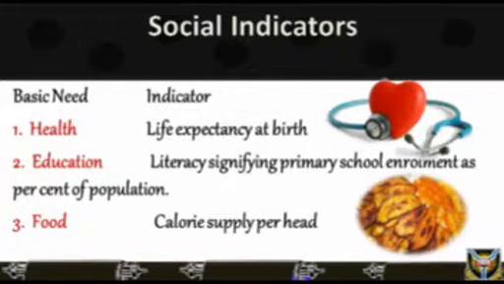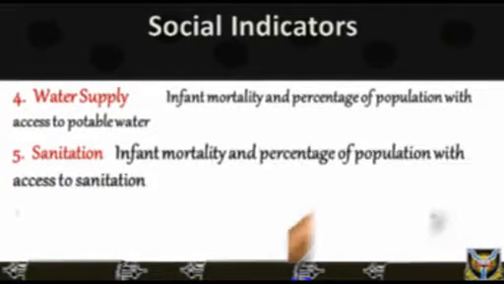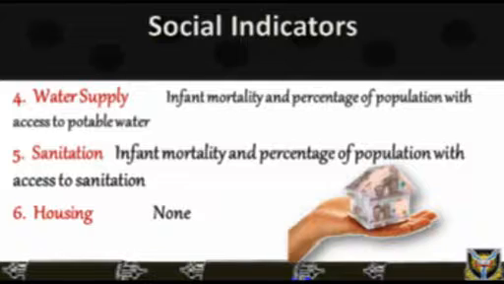Food, calorie supply per head. 4. Water supply, infant mortality and percentage of population with access to potable water. 5. Sanitation, infant mortality and percentage of population with access to sanitation. 6. Housing, none.